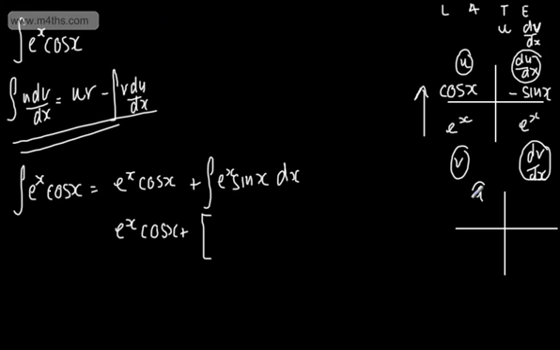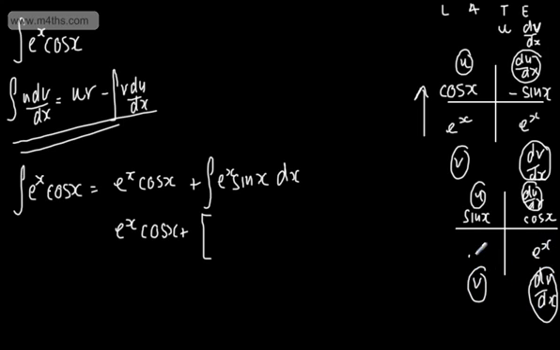Then du dx is cos x. dv dx is e to the x, and then the integral v is e to the x. So the product of these two, if I'm integrating this, is e to the x sine x, minus the integral of e to the x cos x dx.